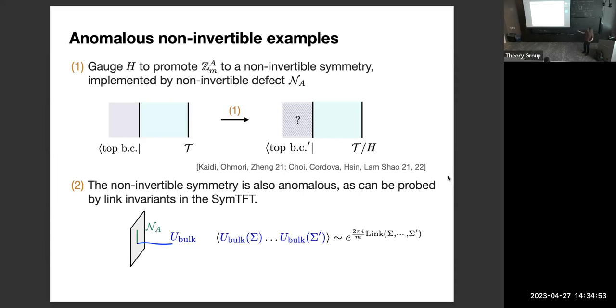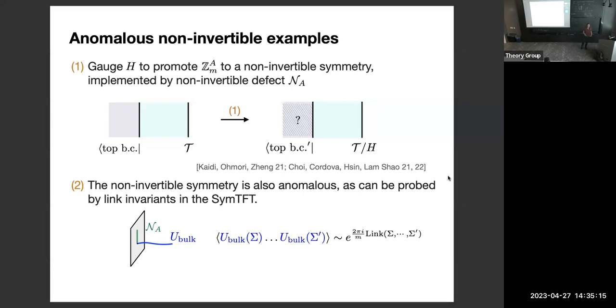And so in the Symmetry TFT picture, I'm doing some gauging, and I don't know how to think about this quote unquote anomaly field theory in this case, but in any case, I can think about the gauging in the Symmetry TFT picture. Then step 2, I can ask whether or not the non-invertible symmetry is anomalous.